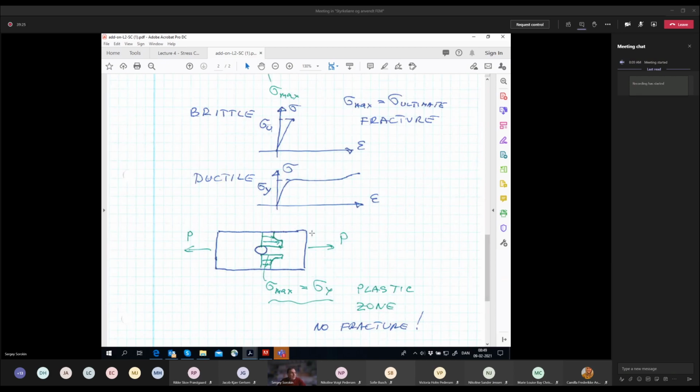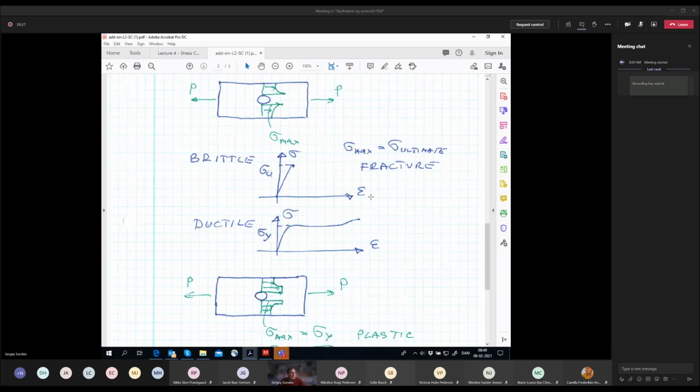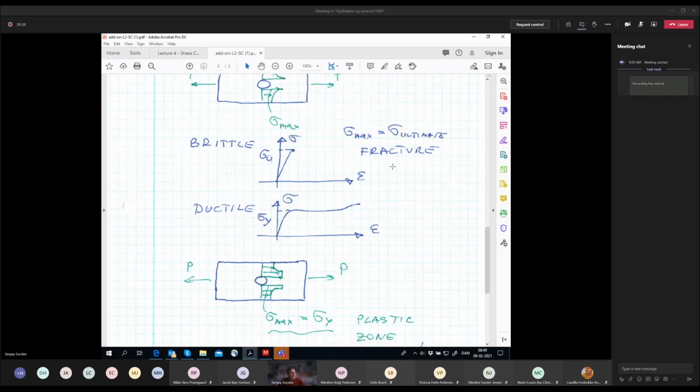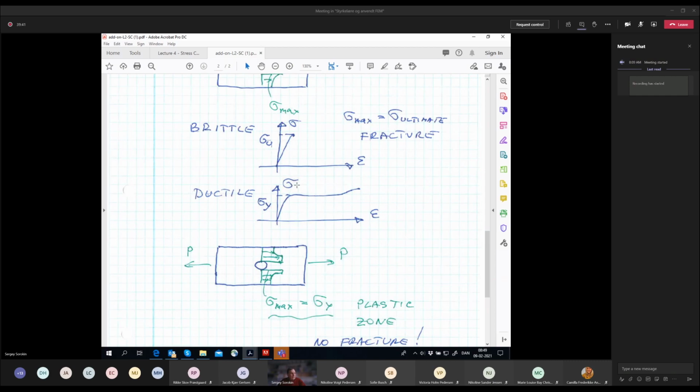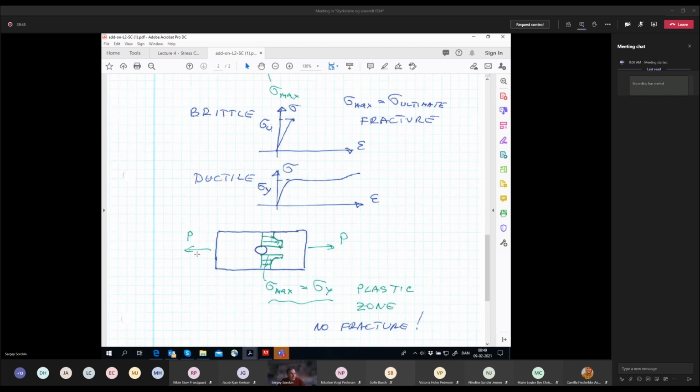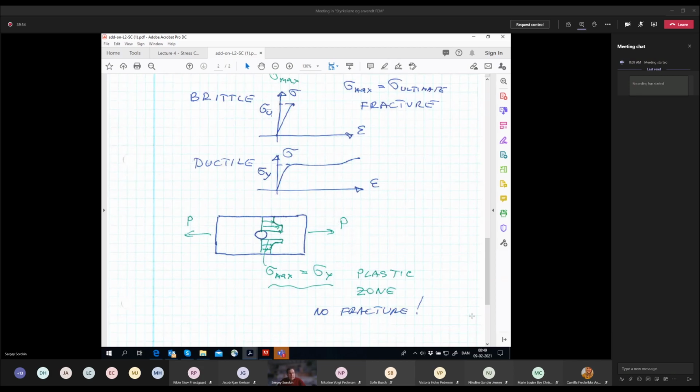So in the brittle material, as soon as you attain this ultimate stress, the stress concentration factor jumps to infinity, and it's death of the specimen. In the ductile material, if you keep on increasing the force, the stress concentration factor becomes smaller and smaller, and by the end, it just becomes 1, but there is still no fracture.